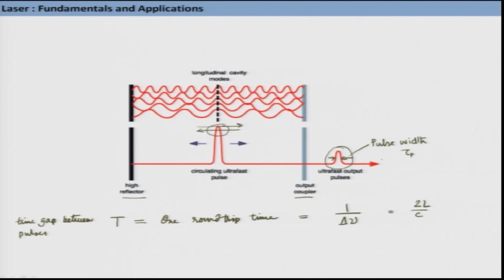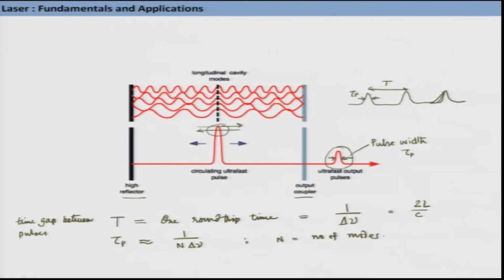If I have pulses like this, so my drawing is a little bad here, okay, this is my tau p and this distance is my T. This tau p, the pulse width, can be shown to be related to delta nu and the number of modes in this fashion, where n is the number of modes that are taking part in this interference. Okay.